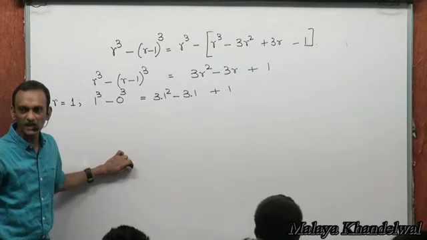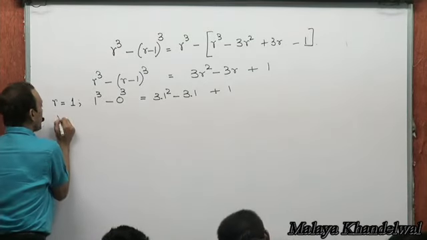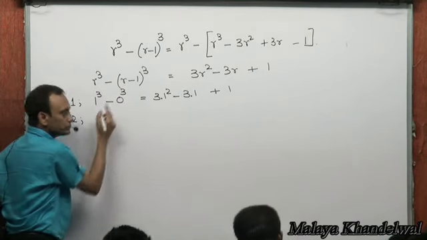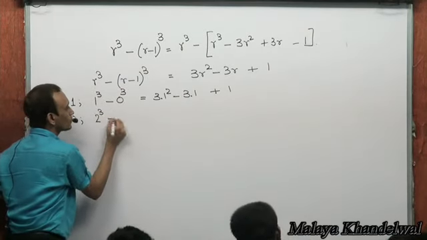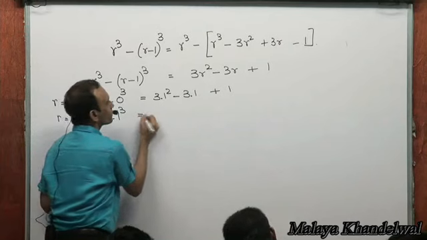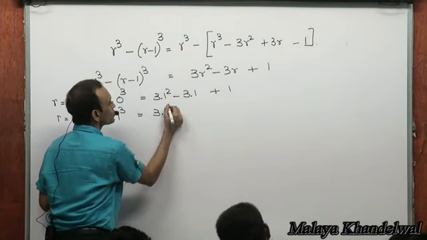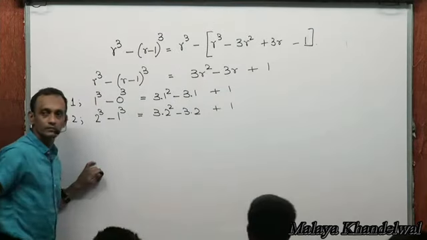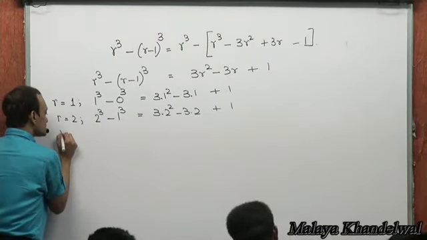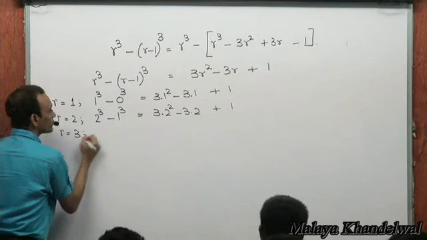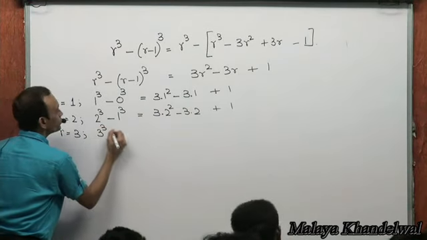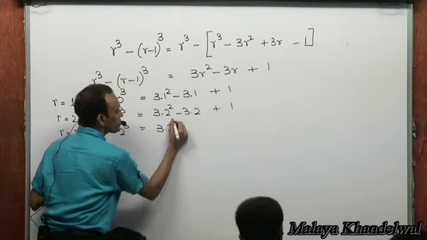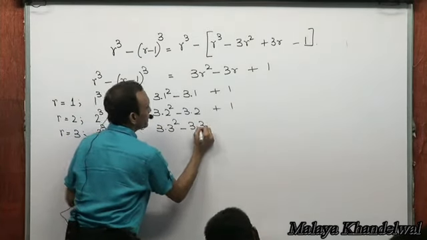Right? Yes or no? If I plug in r equal to 2, 2 cubed minus 1 cubed is 3 into 2 squared minus 3 into 2 plus 1. Right? Similarly, r equal to 3: 3 cubed minus 2 cubed is 3 into 3 squared minus 3 into 3 plus 1.